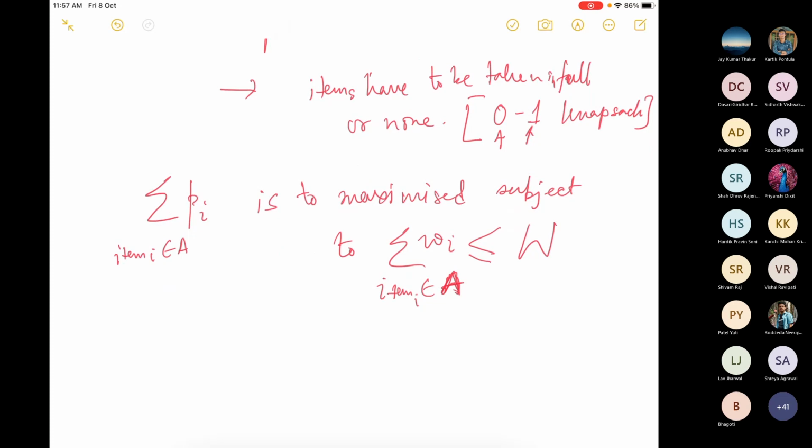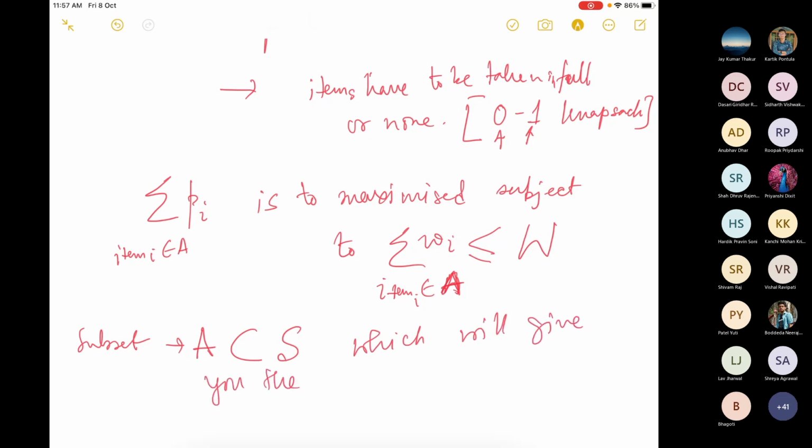Suppose you are having to choose a subset A of S, which will give you the max profit without breaking your knapsack.